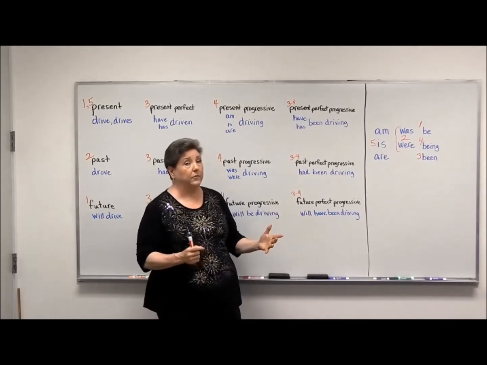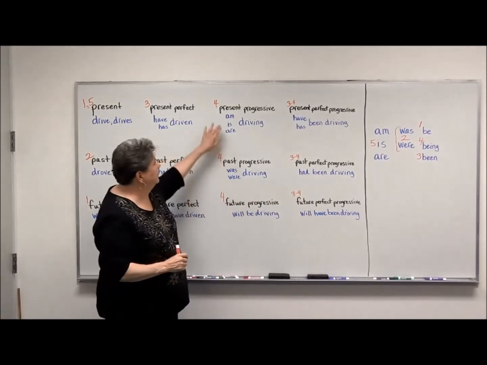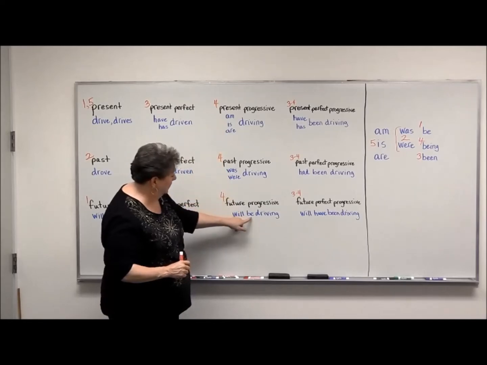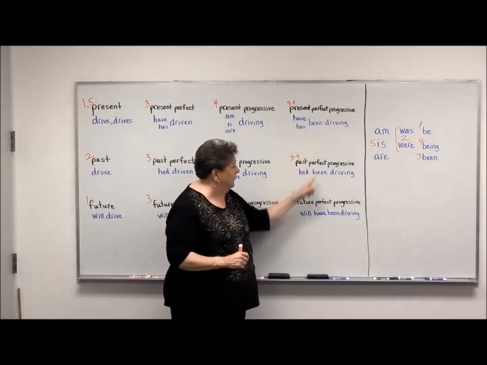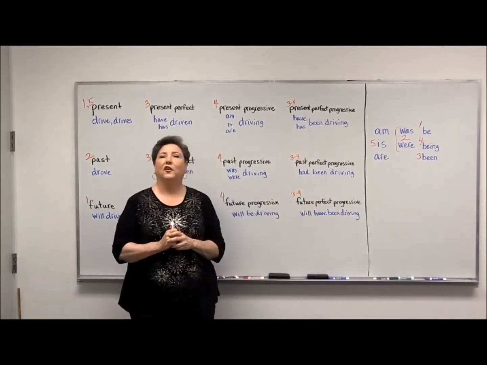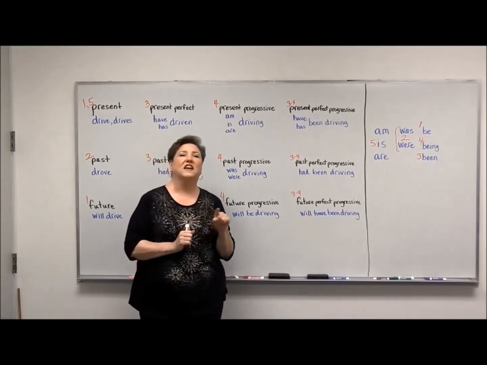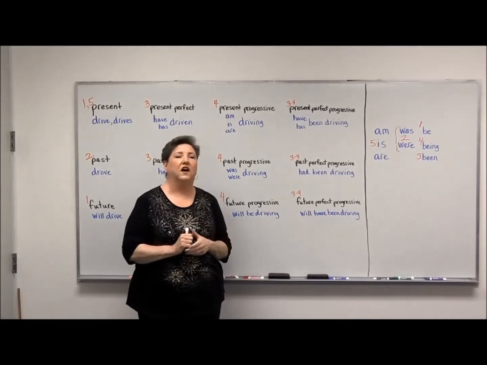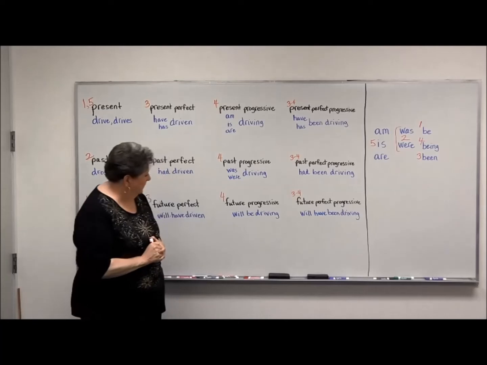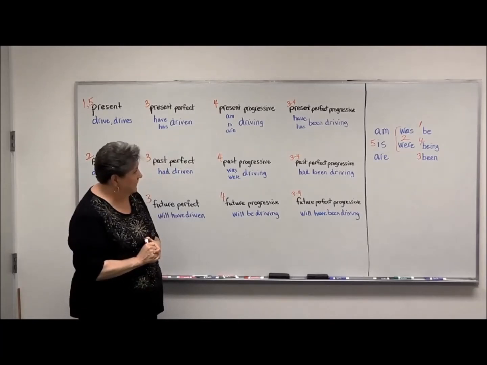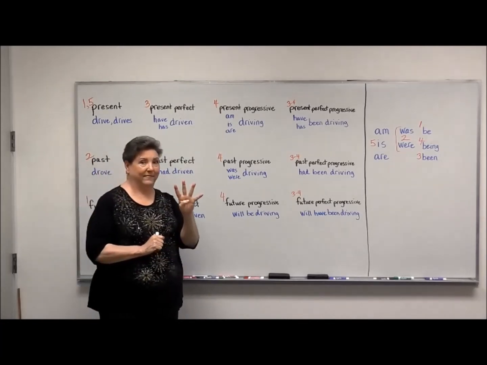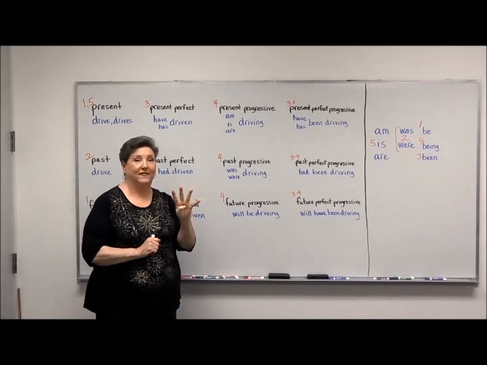It's verb 3, but it's a be verb. So everywhere you see a be verb, here, here, here, and here, look carefully. What's the next word every time? Verb 4.